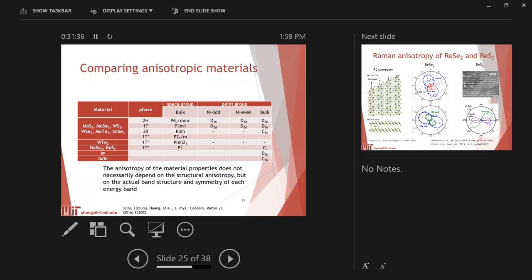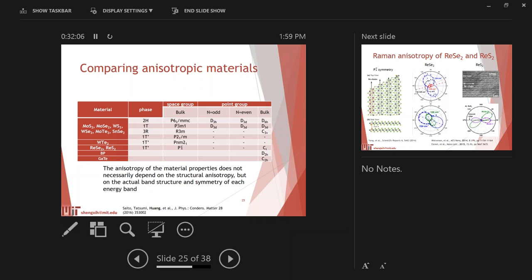So here I show some more materials with in-plane anisotropy. This includes black phosphorus and gallium telluride, as I introduced before. This also includes rhenium diselenide and rhenium disulfide, which have space group P1 prime symmetry. And it also includes some 1T prime phase TMD materials, as you can see here.